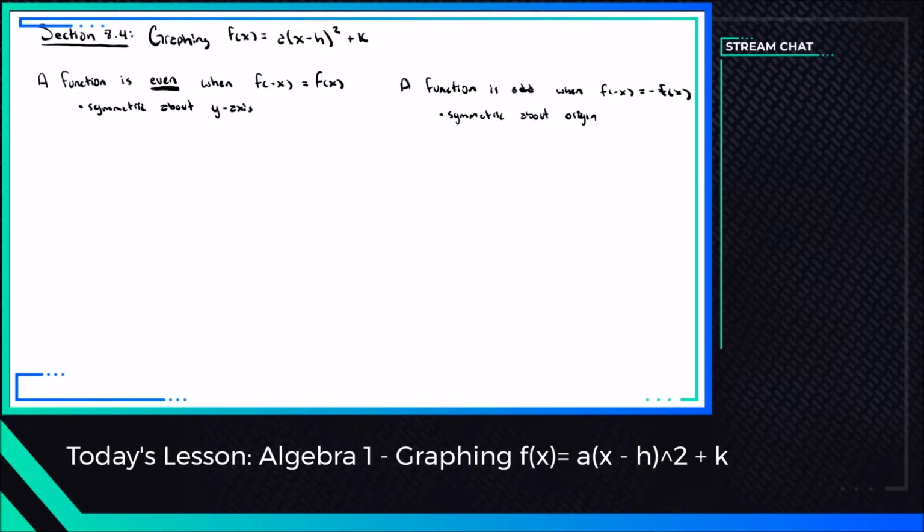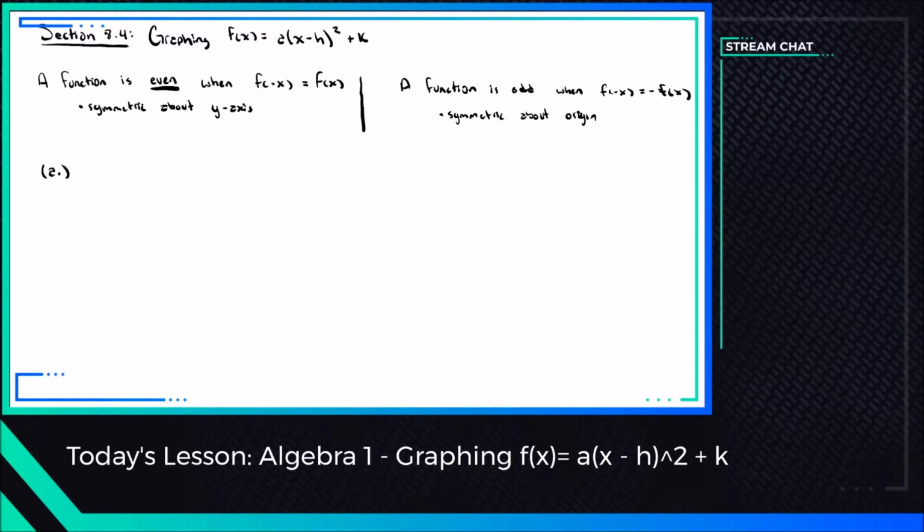And this is going to be one of those things where you just have to see an example, because using f of negative x equals f of x is a pretty vague term when you're not that familiar with it, especially as an Algebra 1 student. So why don't we first identify some even and odd functions.